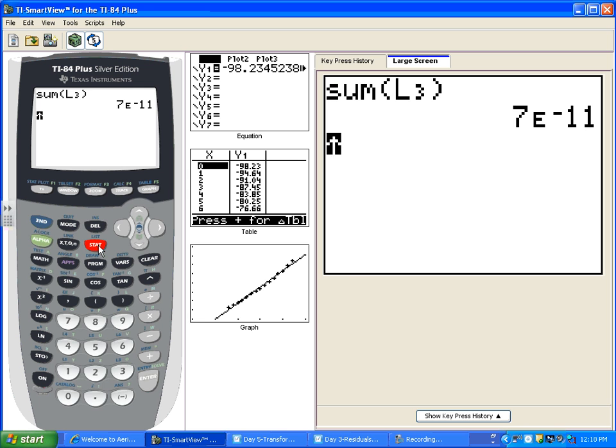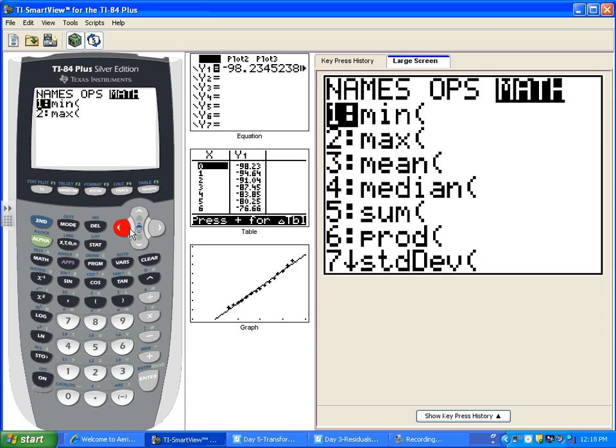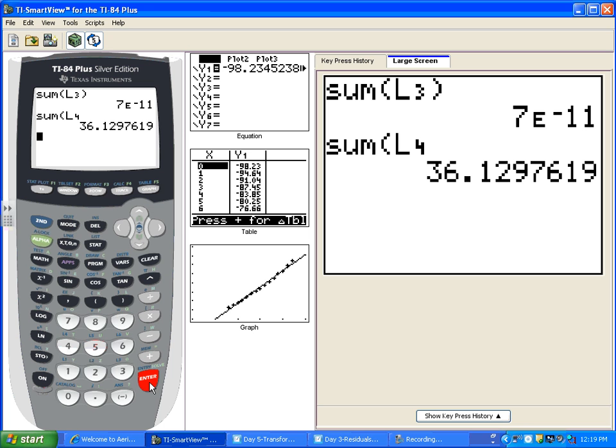You're going to hit second, stat, go over to math, and there's one of the buttons that says sum. We're going to press 5, and we want the sum of the squares. So for us, it's in list 4. That's the sum of the squares of our residuals.